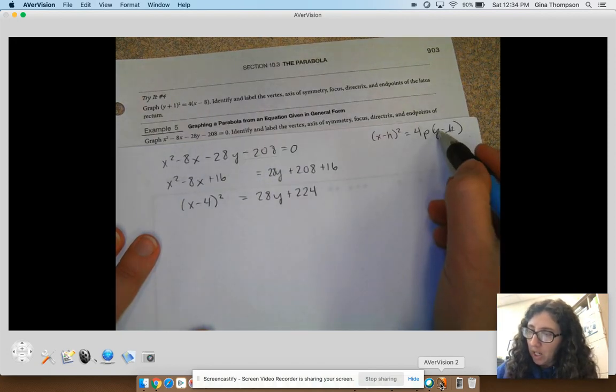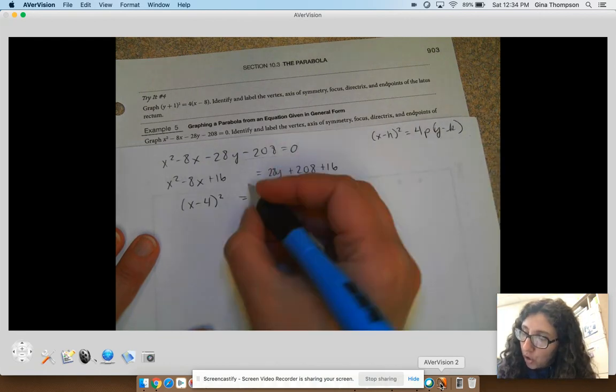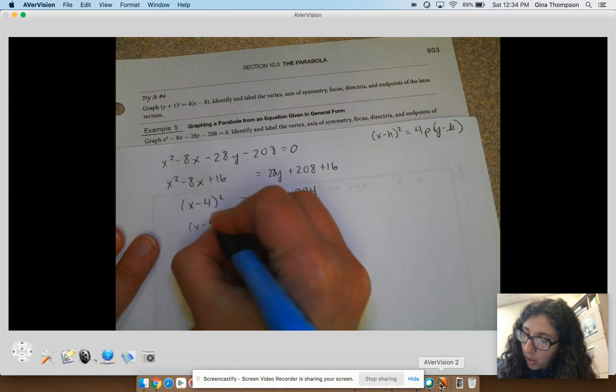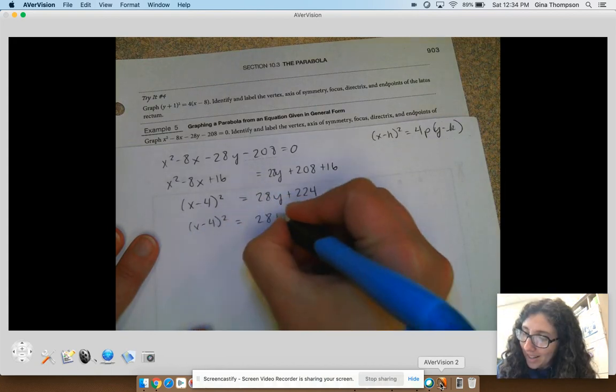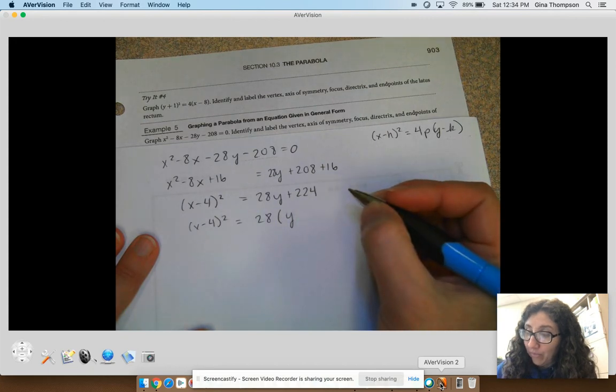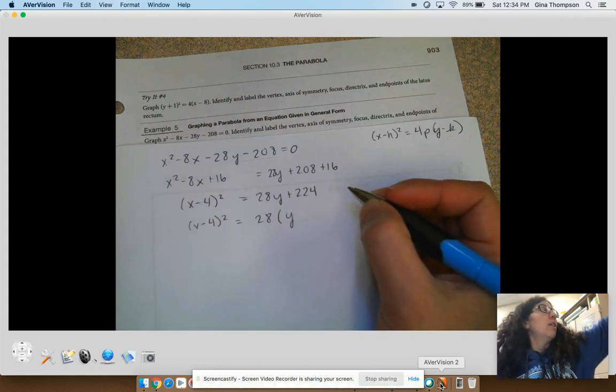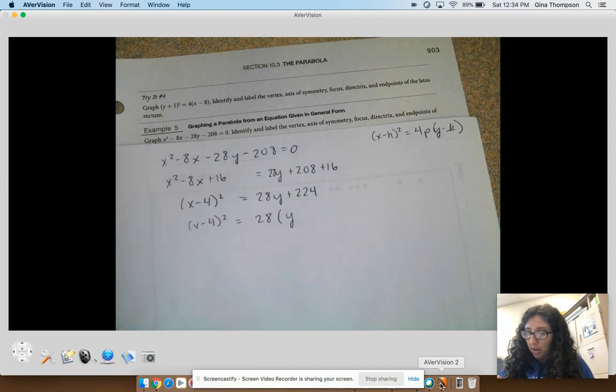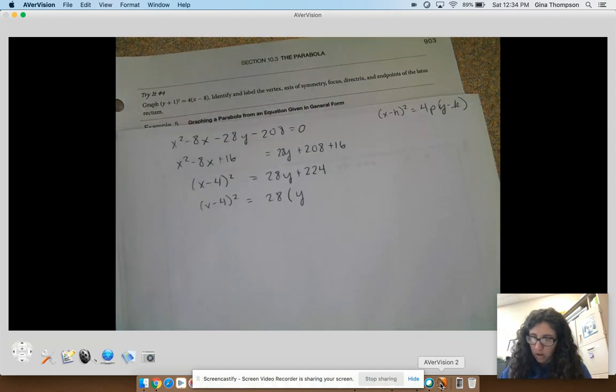All right, we're going to need to factor out whatever coefficient we have for y, right? We just need this to be y minus k. So this part of the equation, we're going to have to factor out a 28. And if I was smart, I would have figured this out already, but I wasn't. So I'm going to grab my calculator and say 224 divided by 28 is 8.